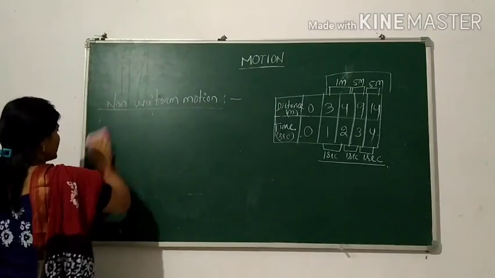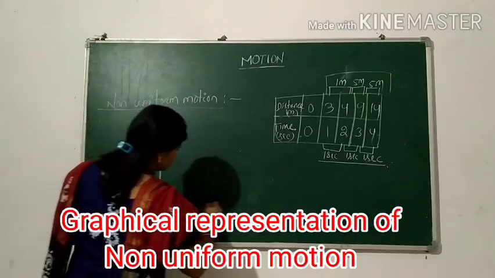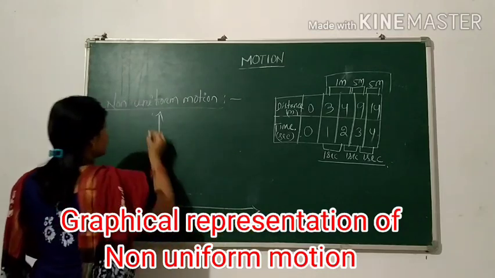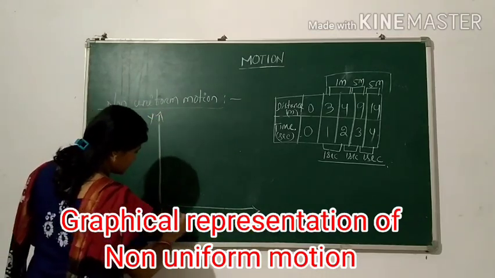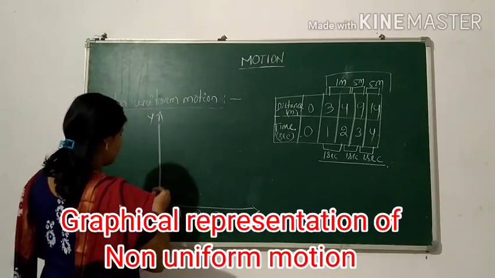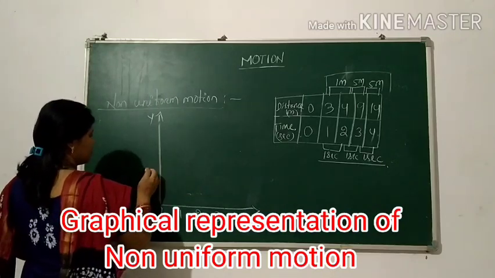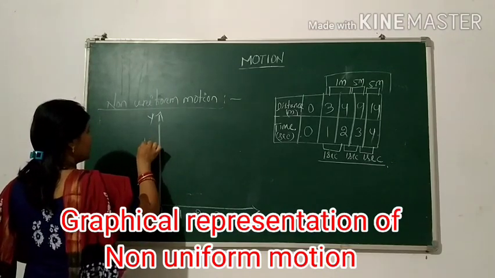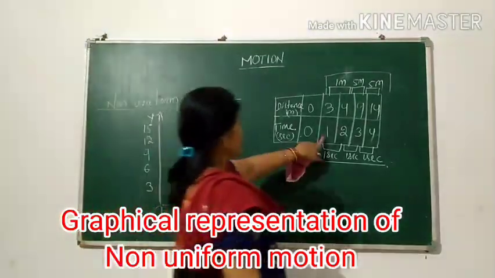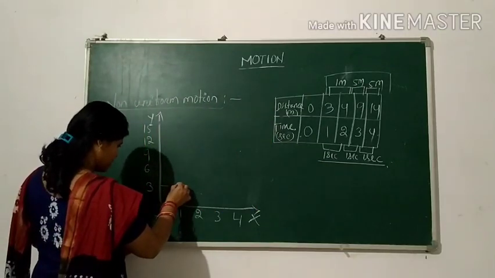Okay. So again we have to explain this one graphically. X and y axis 0, 1, 2, 3 and 4, and here suppose 3, 6, 9, 12 and 15. So 1 and 3 you have to take.